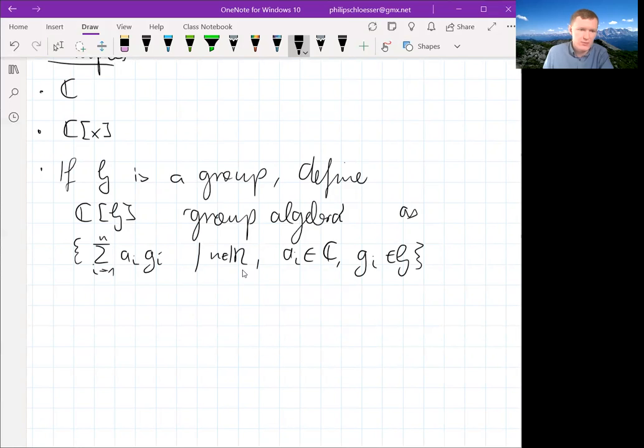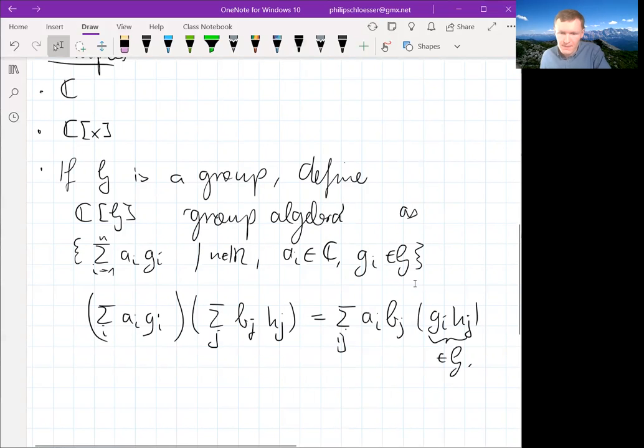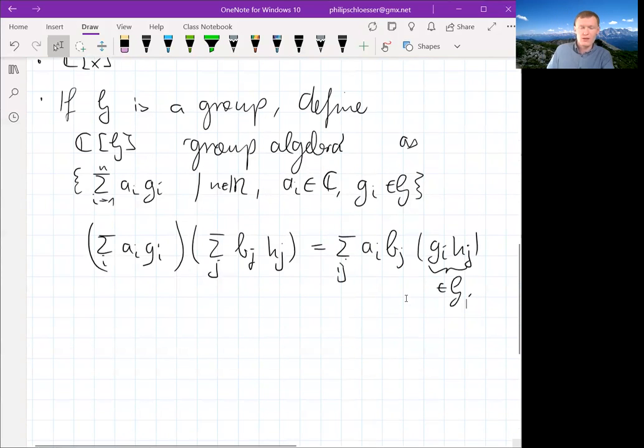We can equip this with a multiplication by saying that the sum over i of a_i g_i multiplied by the sum over j of b_j h_j is equal to the double sum, where we multiply the coefficients and we multiply the elements of the group inside the group. And this thing is also a C algebra.